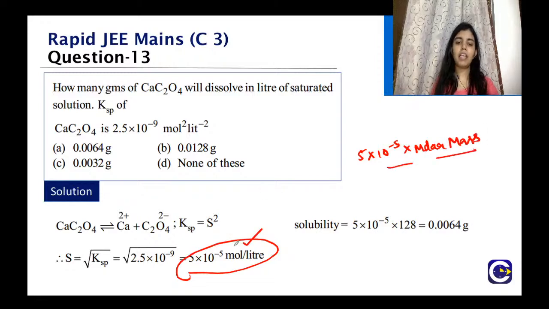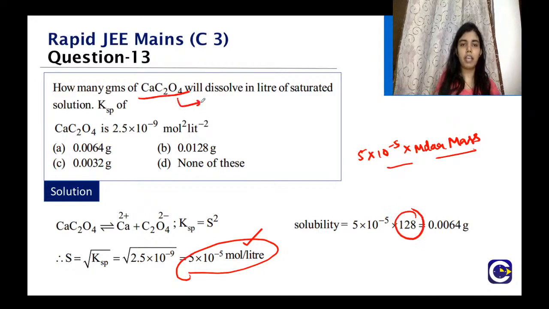Because what is basically number of moles? Given mass divided by molar mass, right? So if you multiply number of moles by molar mass, you can get the given mass. So here it will be 5 into 10 raised to the power minus 5 into 128. 128 is the molar mass of calcium oxalate, that is calcium will be 40, 12 into 2 it will be 24, and 16 into 4 it will be 64.